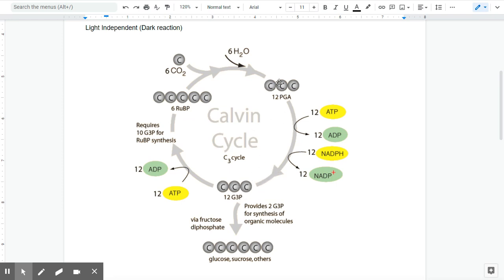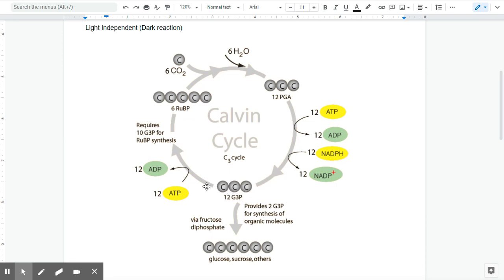At first, it takes carbon dioxide, breaks it up into carbon and oxygen, and it slaps carbons together using this energy here. And at first it's only made up of 3 carbons.